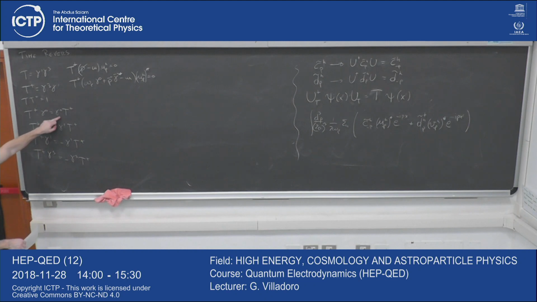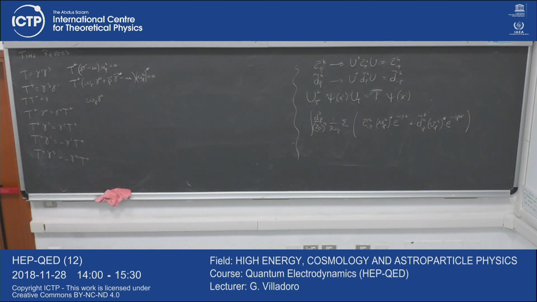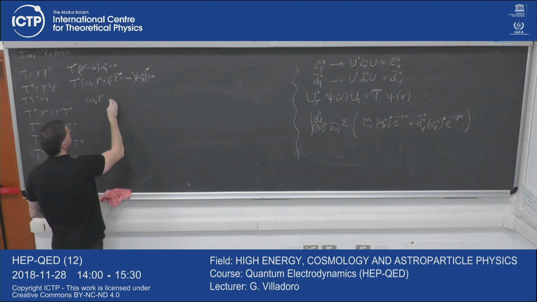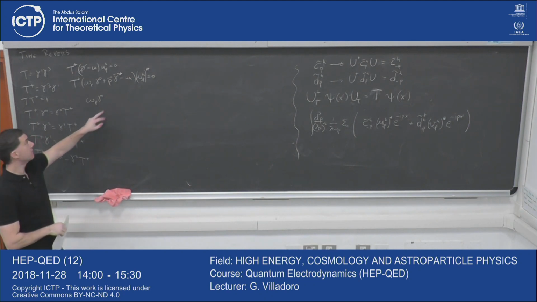T dagger gamma naught passes through without doing anything. And then when it passes the gamma i, it basically inverts 1 and 3 and keeps gamma 2, but gamma 2 is the only one that flips sign because of the star.